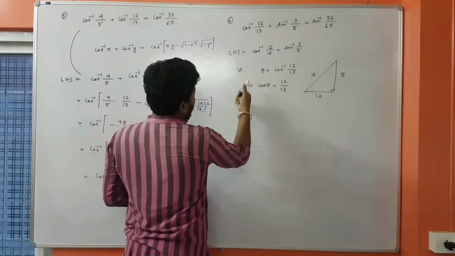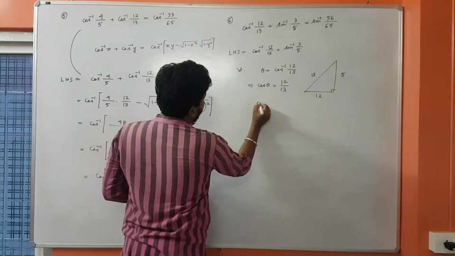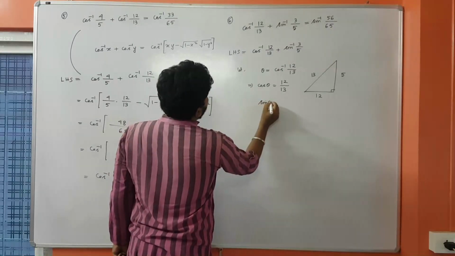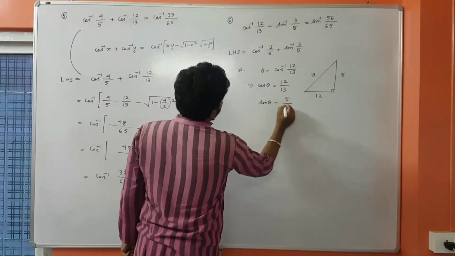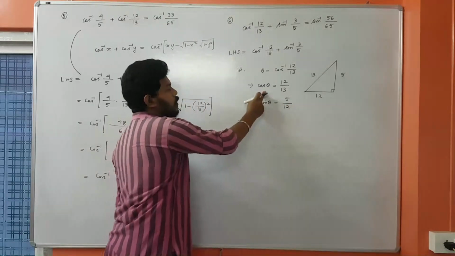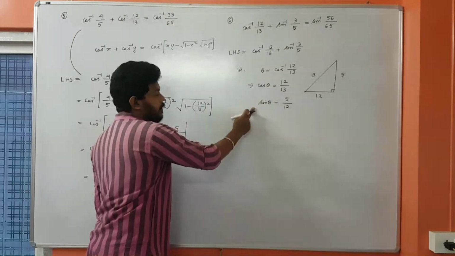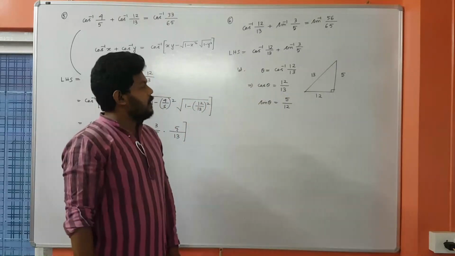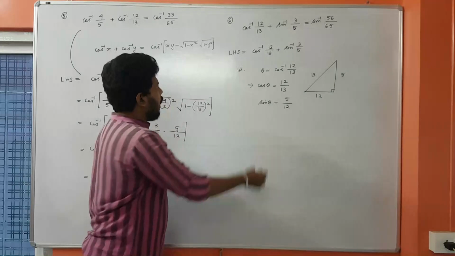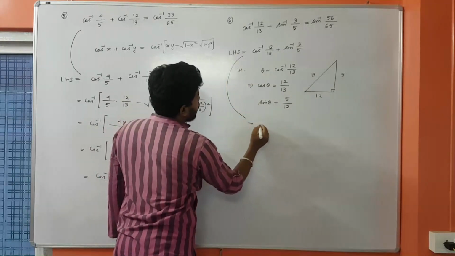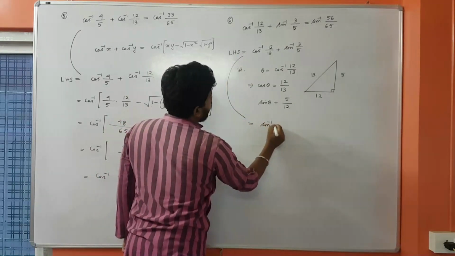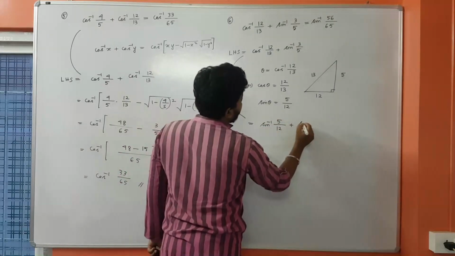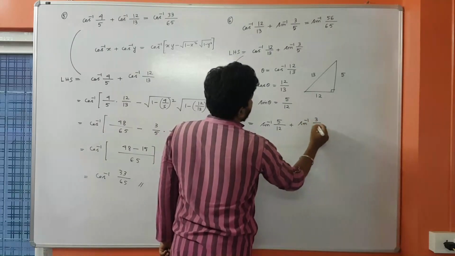Therefore, cos theta equals 12 by 13 and sin theta is equal to 5 by 13. If I take their inverse, they will represent the same angle. So, I can write this as sin inverse of 5 by 13 plus sin inverse of 3 by 5.